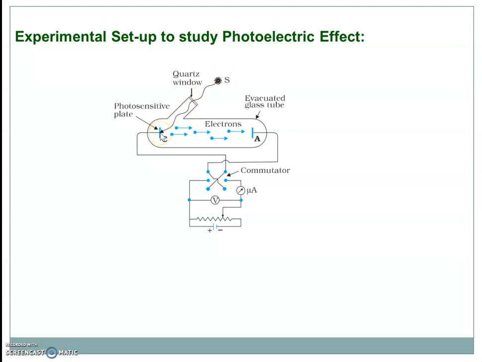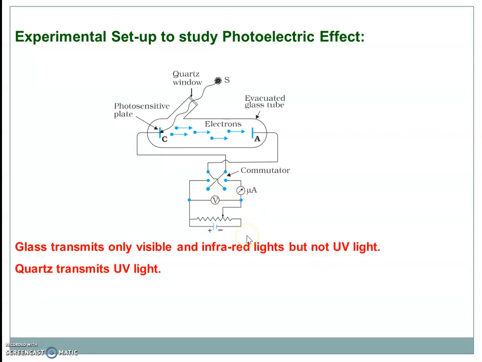Electrons will get emitted from the cathode, and these electrons, being negative charge, are attracted towards the anode and thus complete a circuit, and current flows through the circuit. That current can be measured through this device called microammeter. This commutator is used to vary potential and to see the effect of variable potential on photoelectric current.